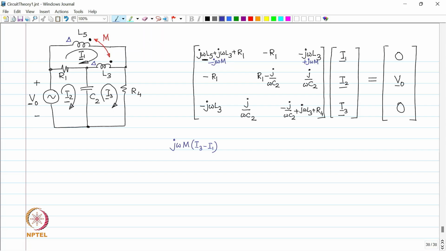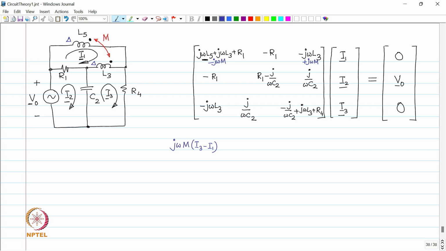Okay. Now, let us look at L 3. L 3 ordinarily has some drop. Now, there will be an additional drop because it is coupled to L 5. The current entering L 3 at the dot is how much? I 1 minus I 3, which is fine. At the dot, what is the current entering L 5?